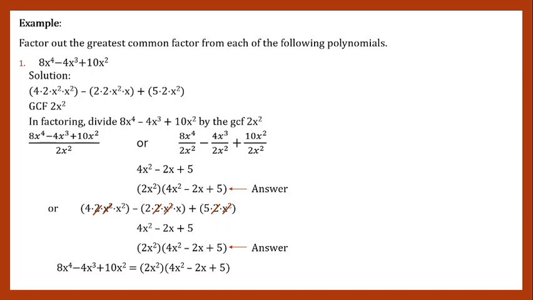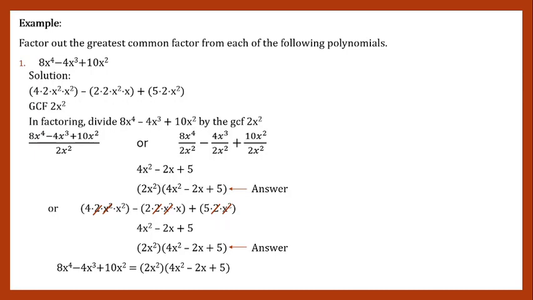Meaning, ang 8x raised to 4 minus 4x raised to 3 plus 10x squared, kapag finactor out ninyo using factoring, is also equal to the product of 2x squared and the quantity of 4x squared minus 2x plus 5. So, ganun yung magiging outcome ng factoring ninyo.